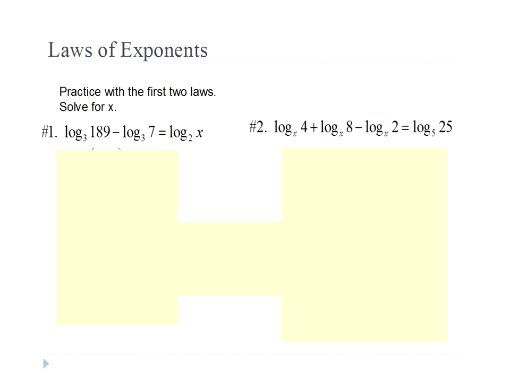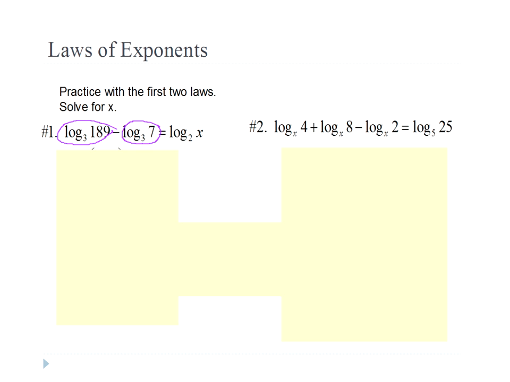So here's an example. Log to base 3 of 189 minus log to base 3 of 7 equals log to base 2 of x. Well, I don't know what these numbers are. 3 to the what equals 7? I have no idea.